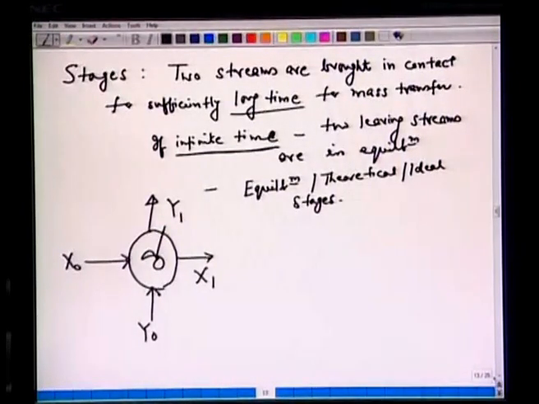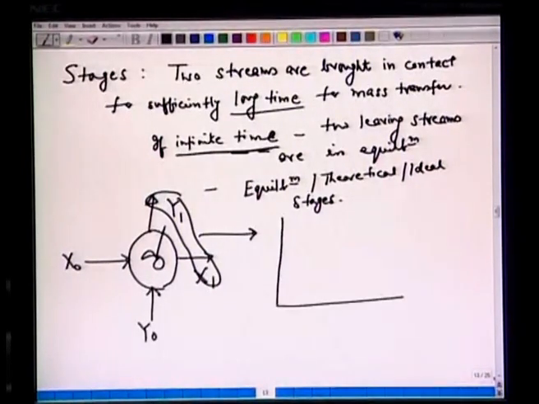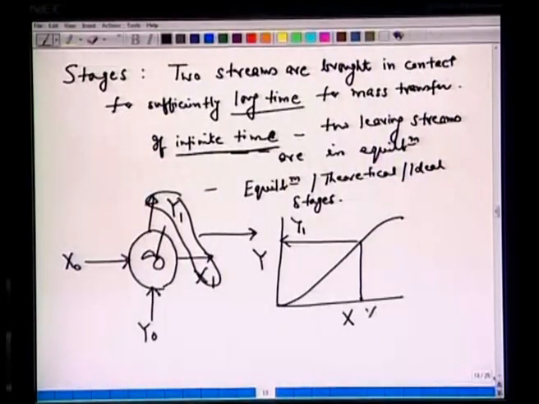If they have good mixing here and have spent a very long time, it is possible that x1 and y1, the two leaving streams, will be in equilibrium. So, we can take the equilibrium curve, y versus x, and say that x1 and y1 are on the equilibrium curve. So, this would be y1 and this would be x1. This is the meaning of equilibrium.